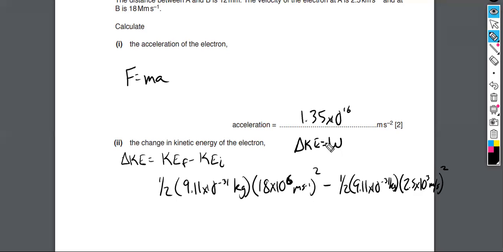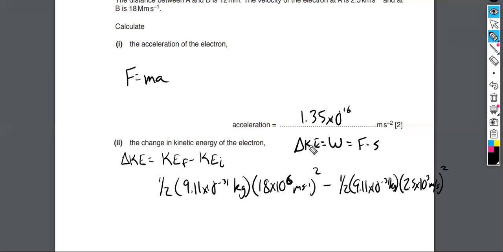So the work is the change in kinetic energy. And work we know is the force times the displacement. So once we know the force that was exerted on it to cause this acceleration, we know it was displaced over 12 millimeters. And so these two calculations should agree.